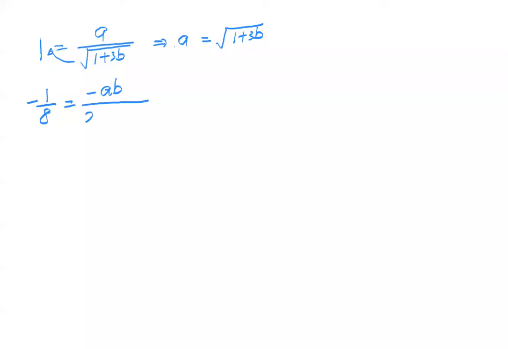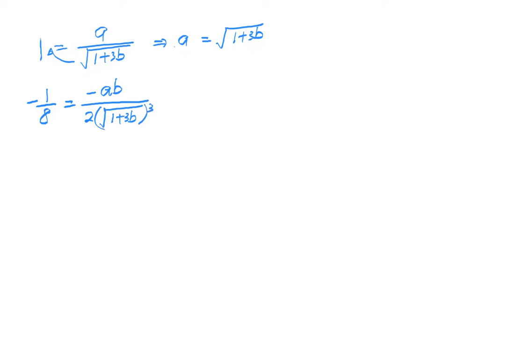So I have this equation: 1 equal to A divided by square root of 1 plus 3B. So now can I say my A is equal to square root of 1 plus 3B? Can I not? And the other one is negative 1 over 8 is equal to negative AB over 2 times square root 1 plus 3B, the whole thing cubed.